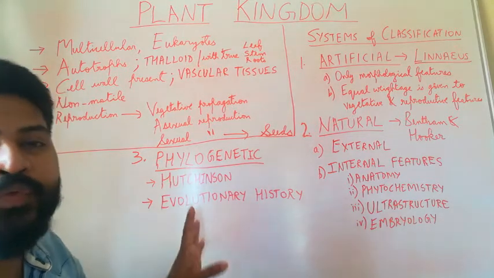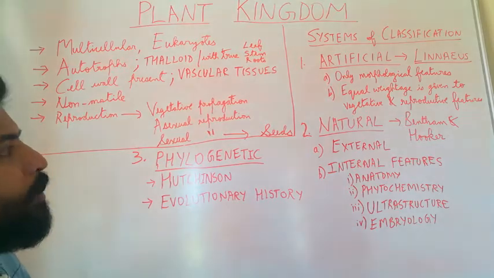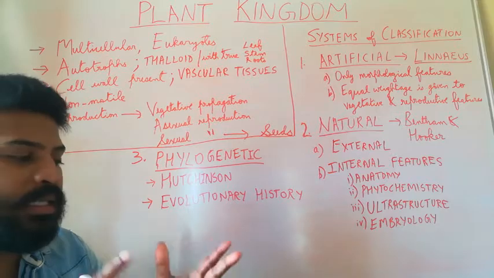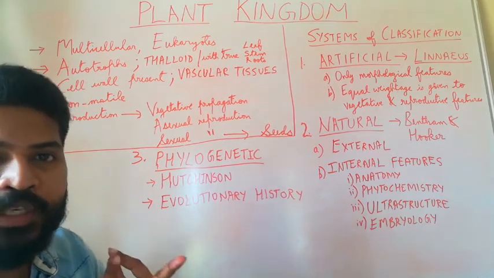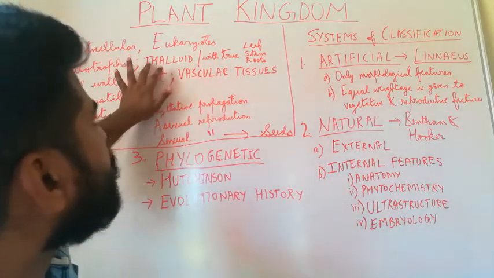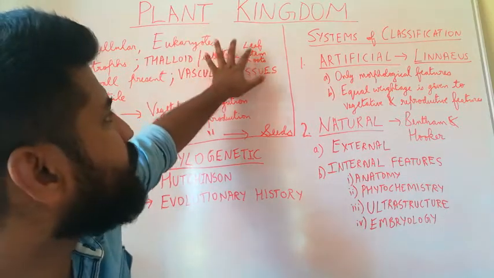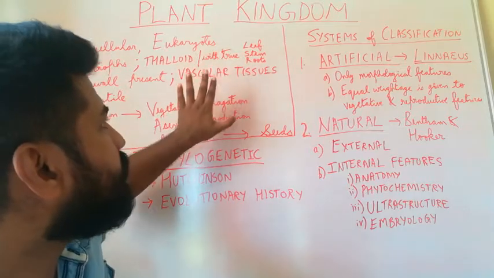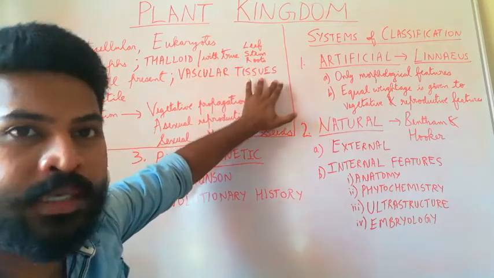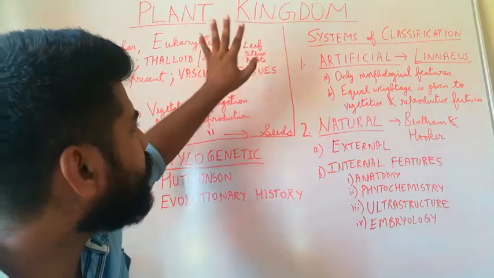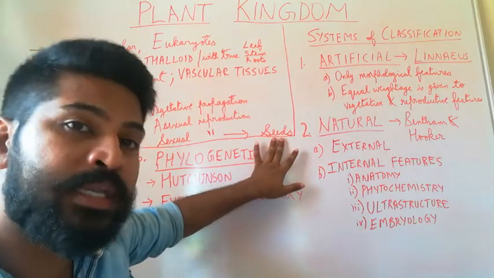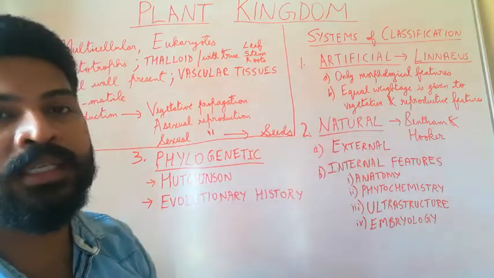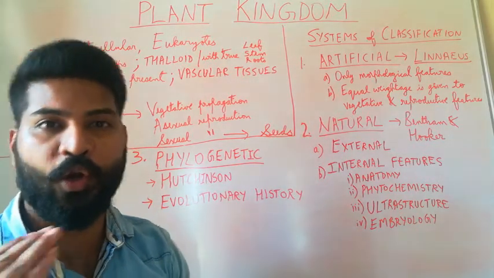Based on these features, the plant kingdom is classified into Thallophyta, Bryophyta, Pteridophyta, gymnosperms and angiosperms, based on whether the true leaf, stem and roots are present or absent. If they are present, then whether xylem and phloem is present or not. If both are present, then whether they produce seeds or not. If they produce seeds, whether the seeds are covered or not.